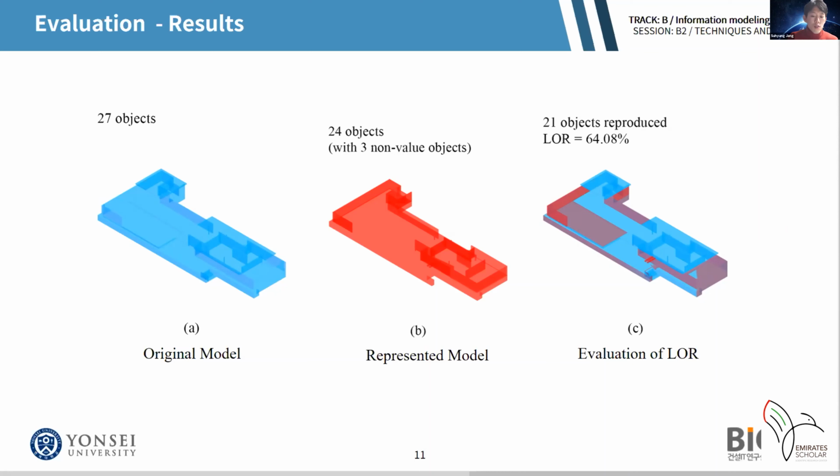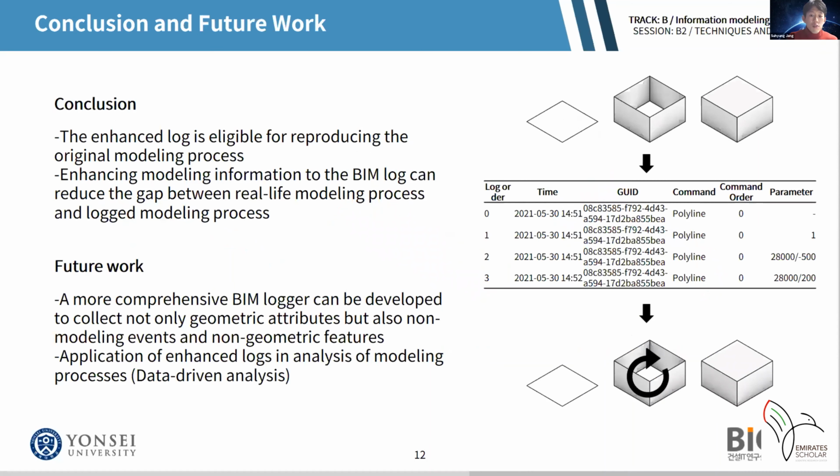Among 27 objects, 21 objects are correctly reproduced with about 64% level of reproducibility. The result of the study shows that the enhanced log is eligible for reproducing the original modeling process, reducing the gap between the real-life modeling process and the logged modeling process.